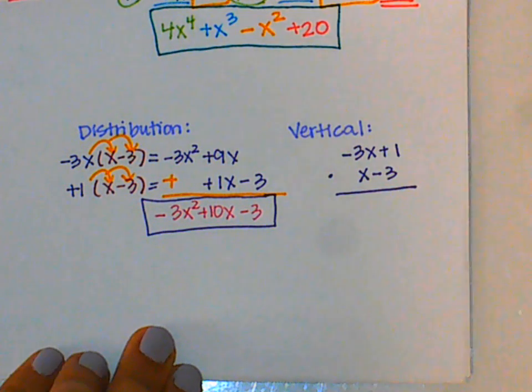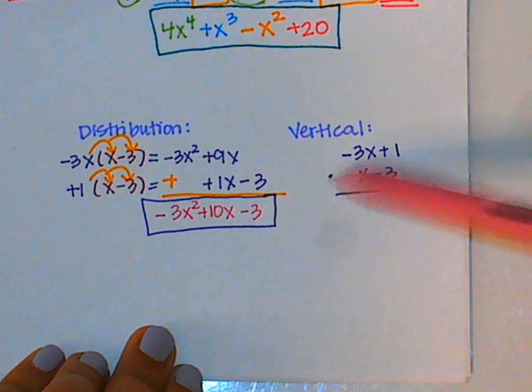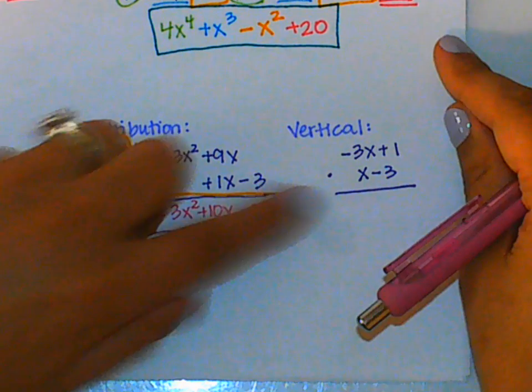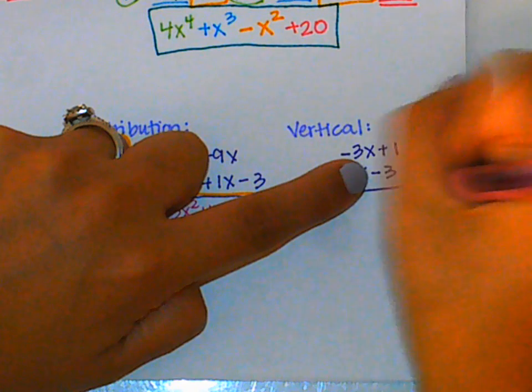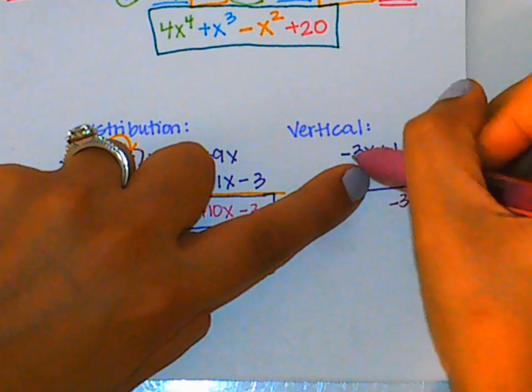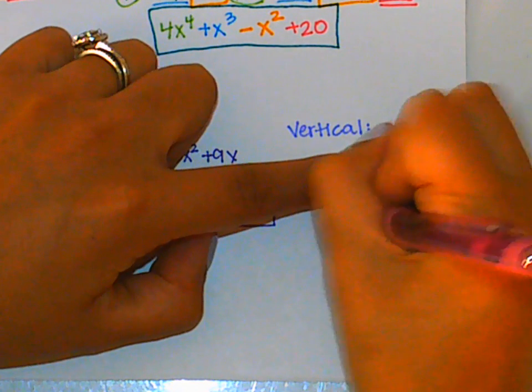So just like when you multiply any two numbers together, you can put them vertically with a multiplication sign. I use the circle instead of an X, just so I don't confuse it with this. I'm going to start off by covering the first term, and I'm going to multiply. So 1 times negative 3 is negative 3, and then a negative and a negative would give me a positive 9x.